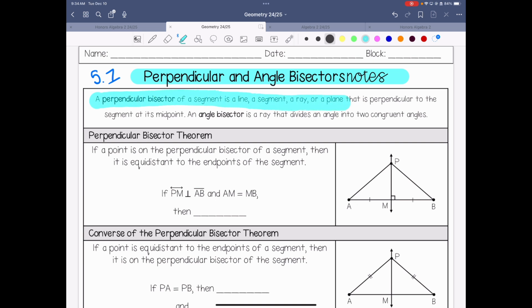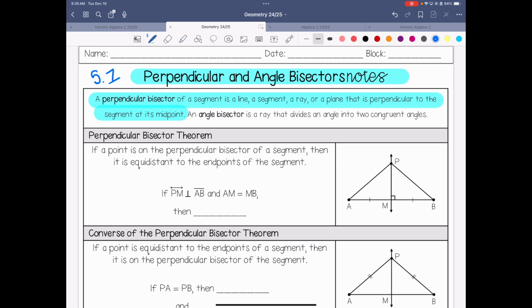A perpendicular bisector of a segment is a line, a segment, a ray, or a plane that is perpendicular to the segment at its midpoint.